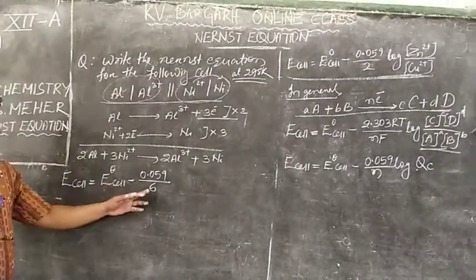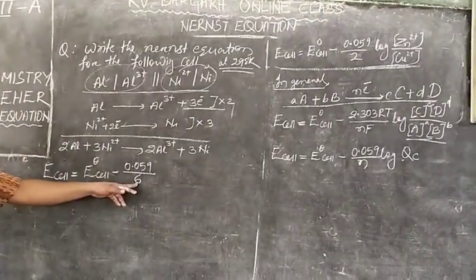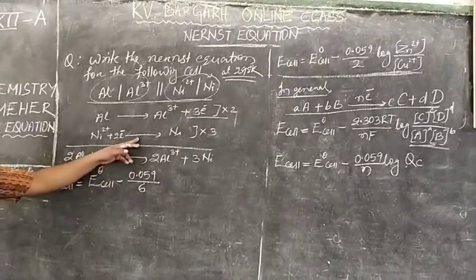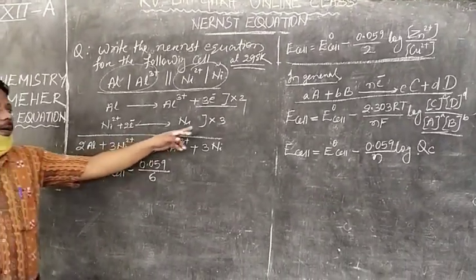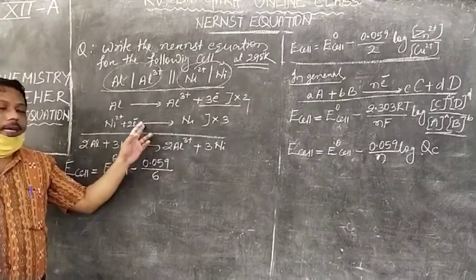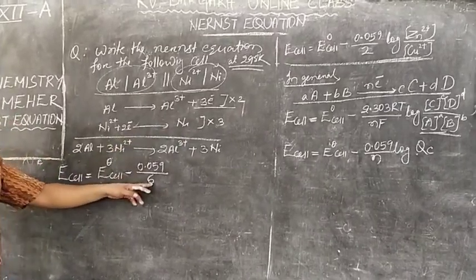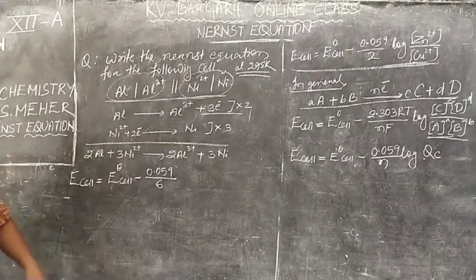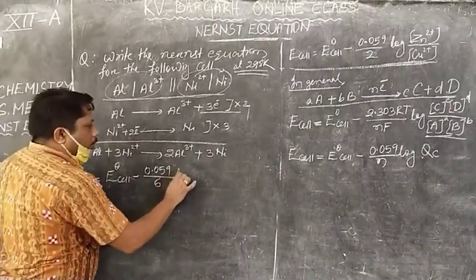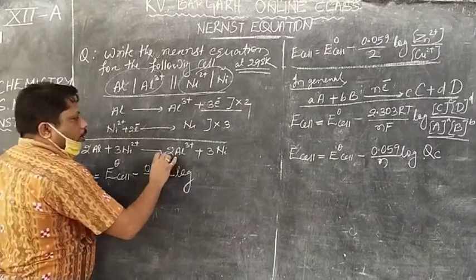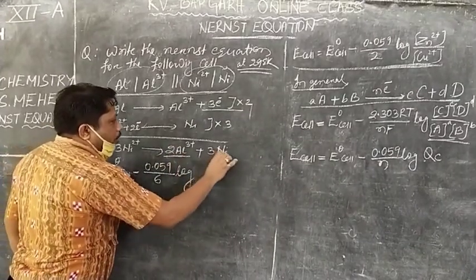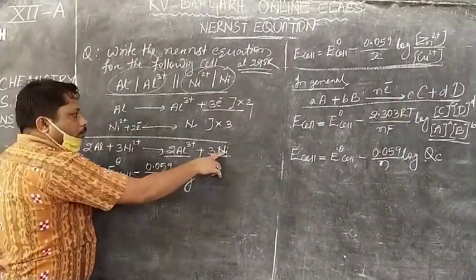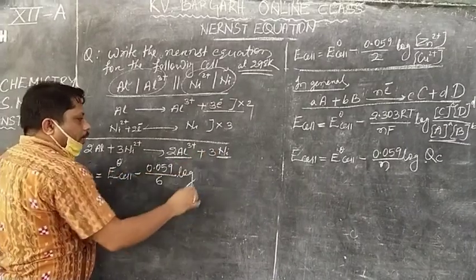Many students commit mistakes in writing the value of n. So you must be careful. It is the number of electrons involved in each half reaction, not the total number of electrons. So n equal to 6, log. Concentration on the right hand side: nickel is pure, so its concentration is 1, so no need to write the nickel in solid form.